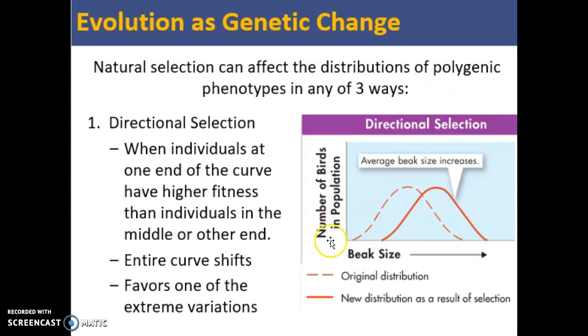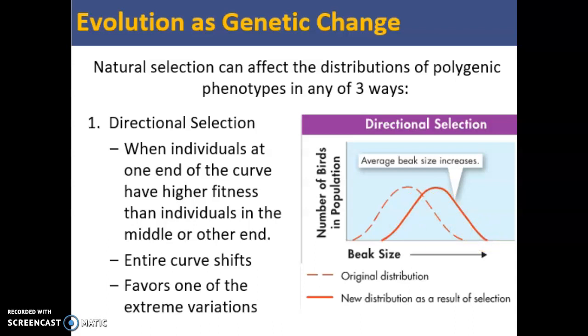And what we see is that the original population is shown here with the dotted line, right? And the entire graph just kind of shifts over to the right, which means that it favors birds with larger beaks. Those that had weaker and smaller beaks seem to die off. They're less fit and less able to survive and reproduce.